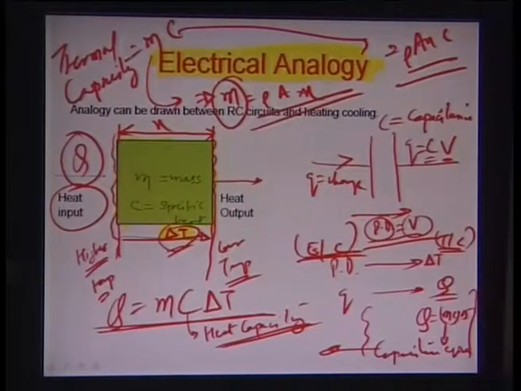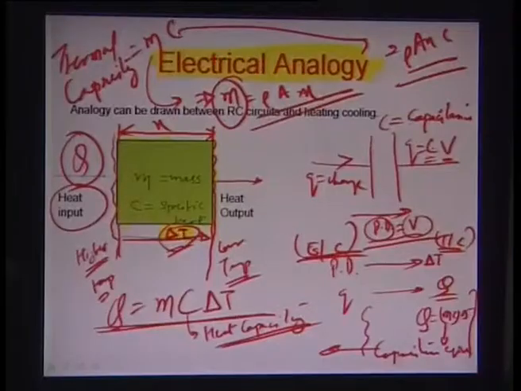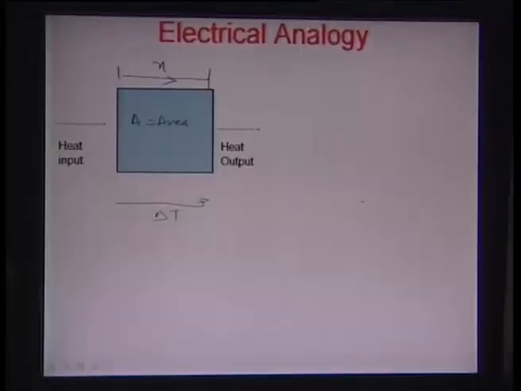Let us also look at whether there is something analogous to a resistance in an electrical circuit in a thermal circuit. For doing that, we need to assume the rate of flow of charge. So basically, in the case of the equivalent of resistance, we have to consider the rate of flow of charge.